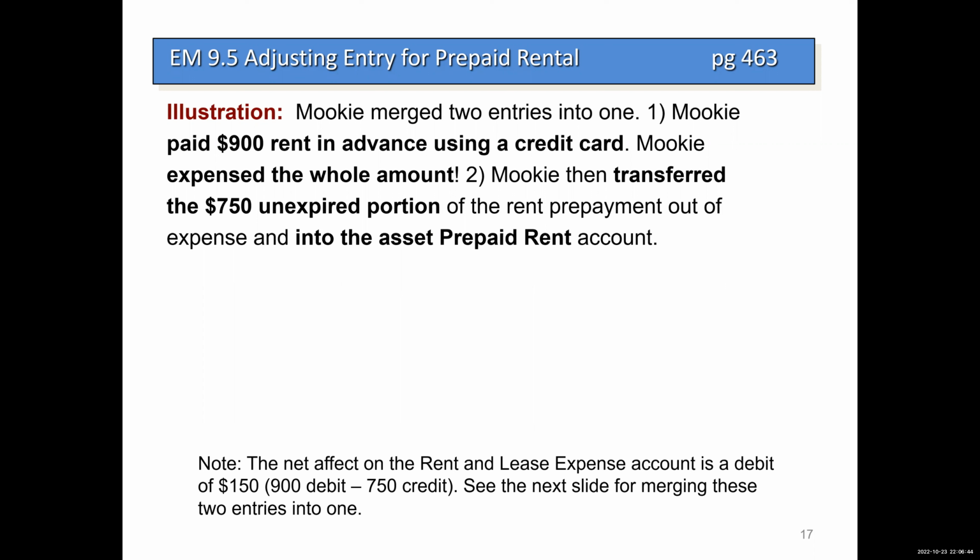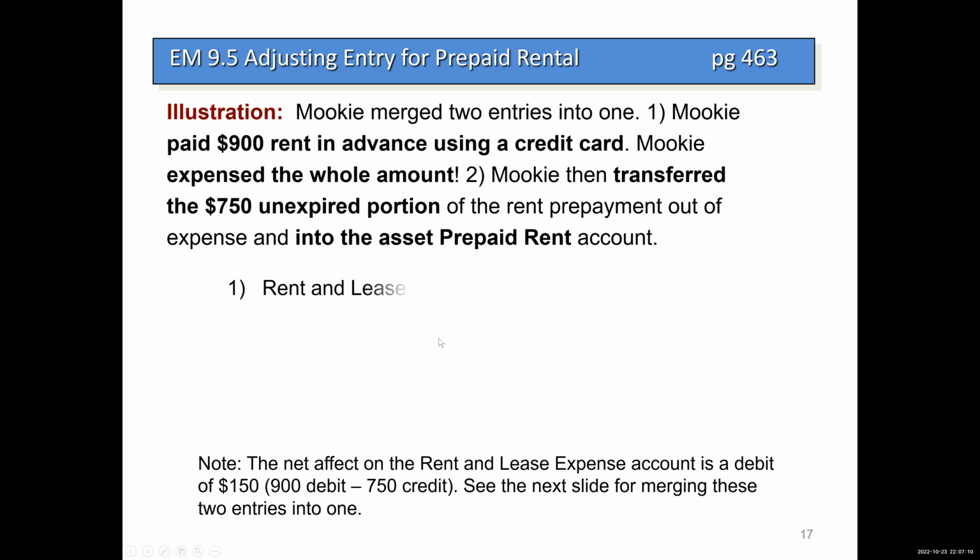Mookie merges two entries into one. First, Mookie paid $900 rent in advance using a credit card. Well, we know that if you pay rent in advance, it should be prepaid rent. It should be an asset, right? But Mookie doesn't do it that way. Mookie expensed the whole amount.